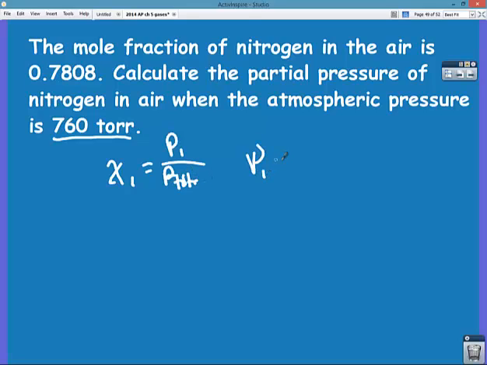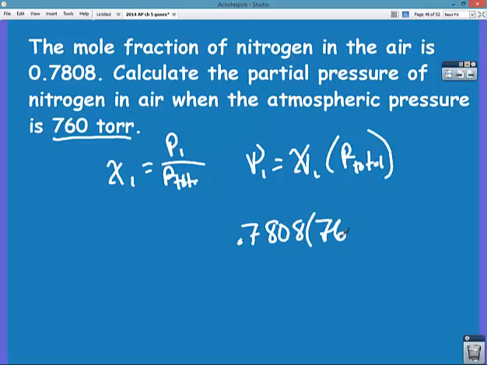Or partial pressure is equal to mole fraction times P total. We know our mole fraction, and we know total pressure. So then we get 593.4 torr.